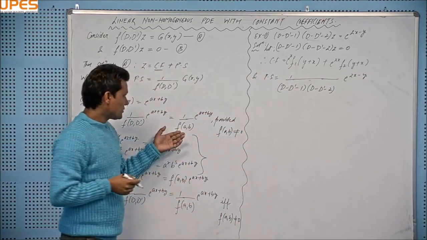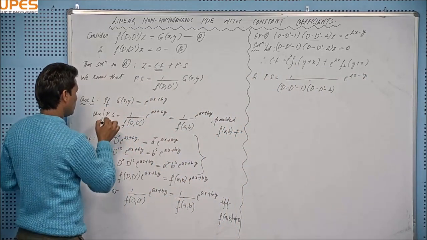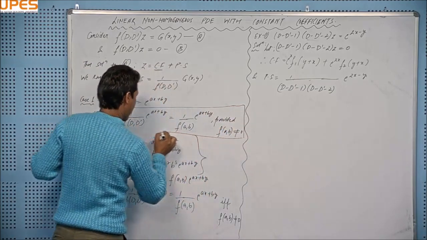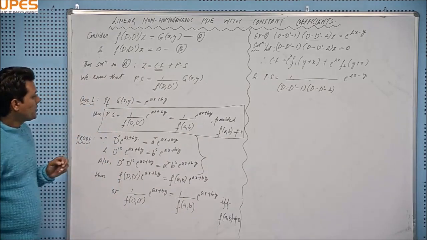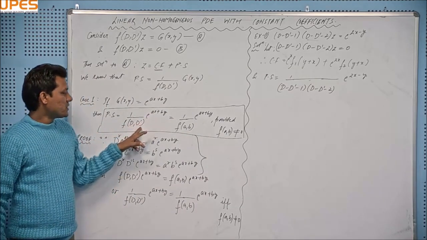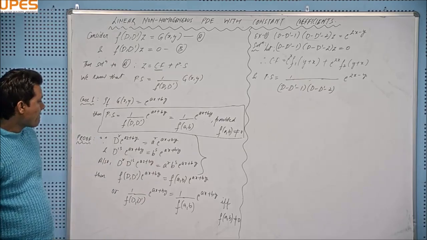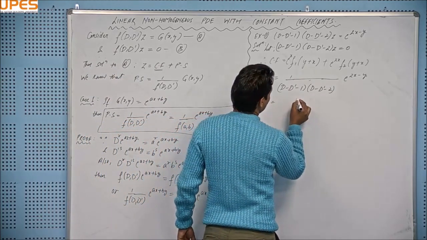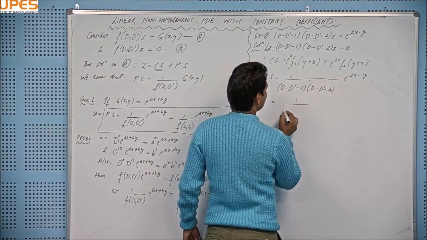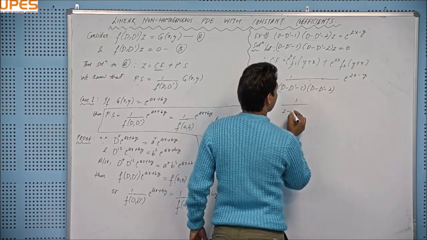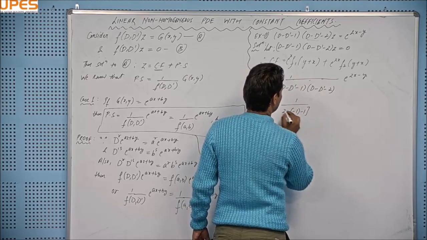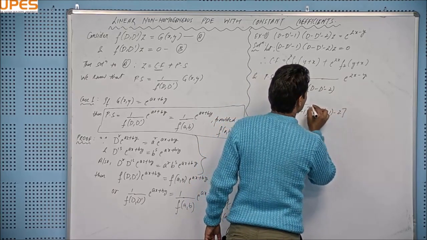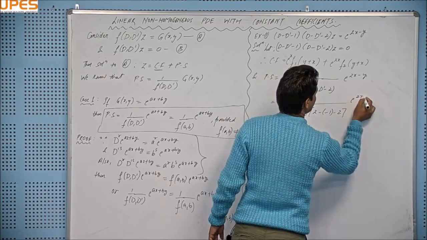Then following this formula, just replace D by small a and D' by small b. Okay. So you will be getting something like that: 1 upon, D is replaced by 2, and D' is replaced by minus 1, and (2 + 1 - 1)(2 + 1 - 2), and e to the power 2x minus y.